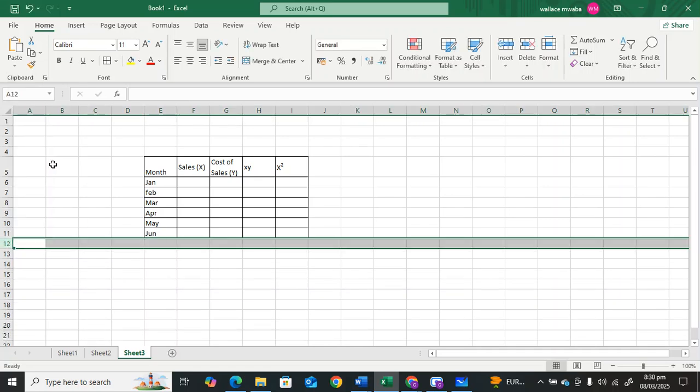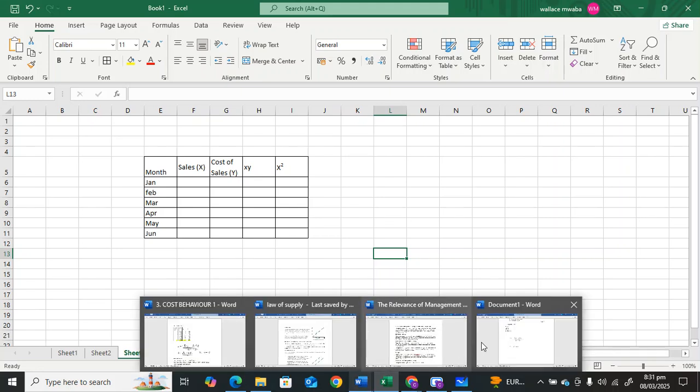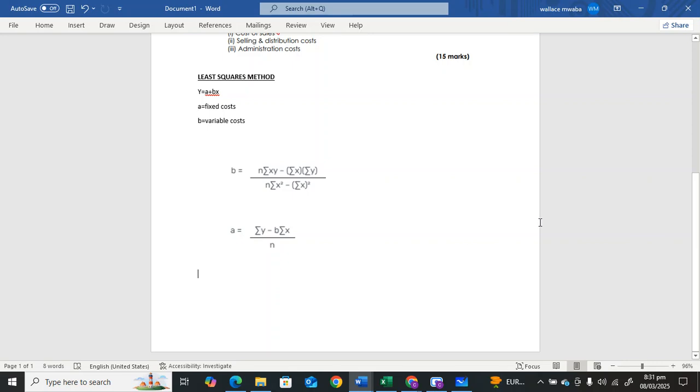If you sell more, will your cost of sales? Yes, cost of sales is dependent on the sales.